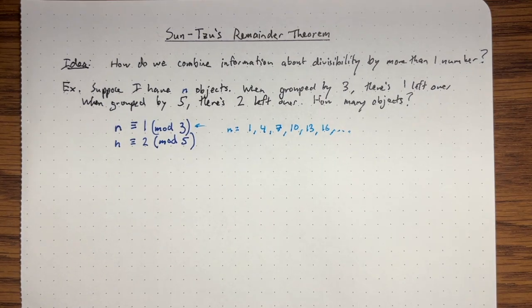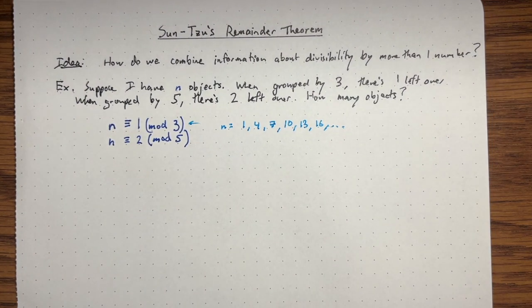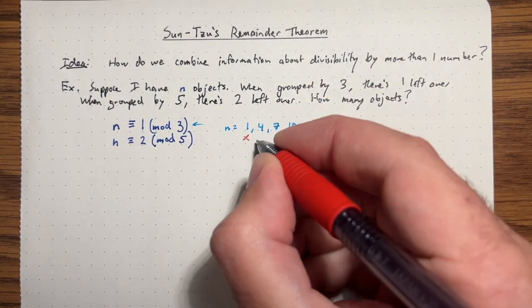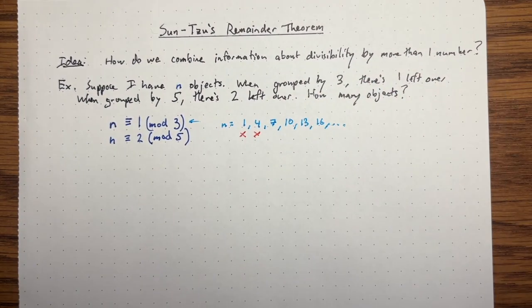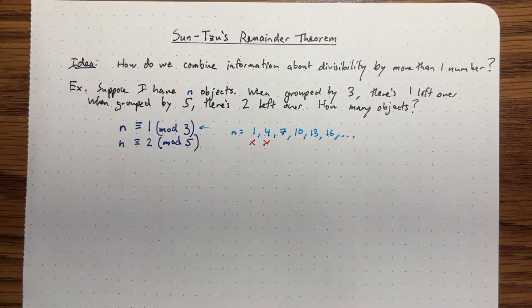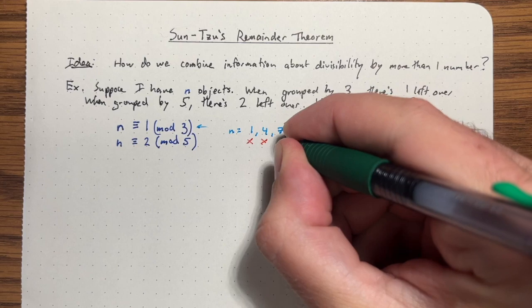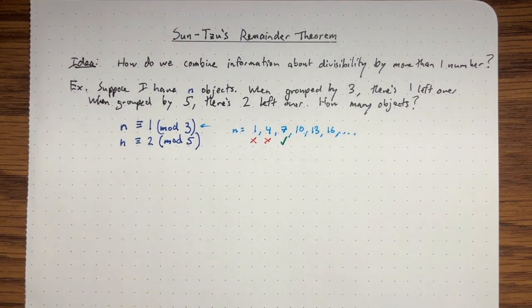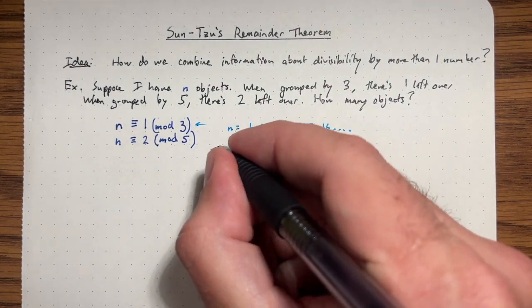So let's go ahead and do that. So is 1 congruent to 2 mod 5? No, that's 1 mod 5. 4 is 4 mod 5. 7 is indeed 2 mod 5. So 7 is the number that we're looking for. So check, 7 is 1 mod 3? Yes, and it's 2 mod 5. So there are 7 objects.